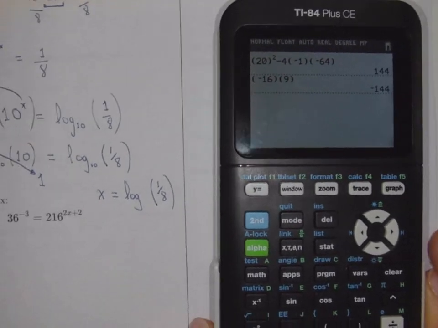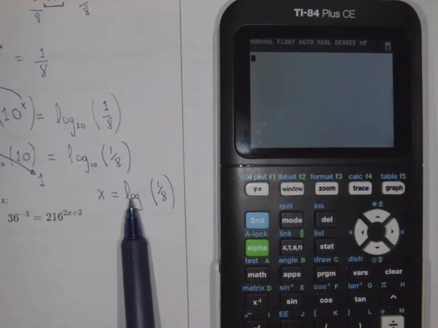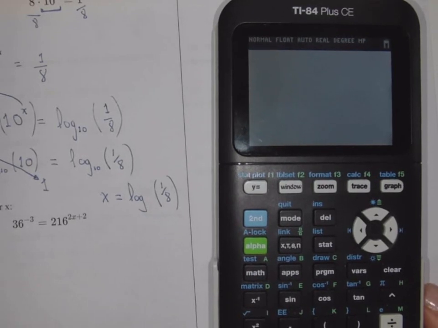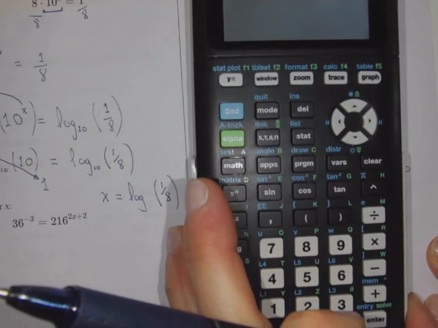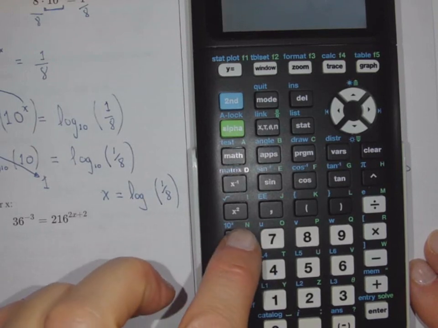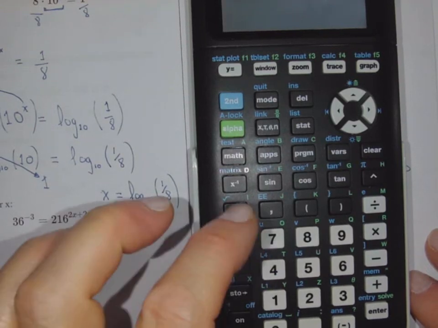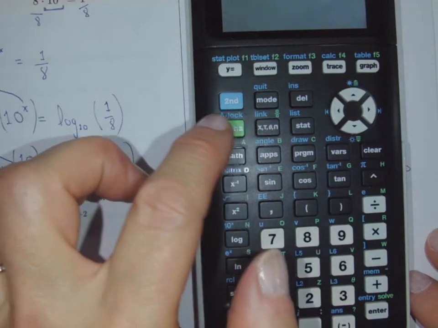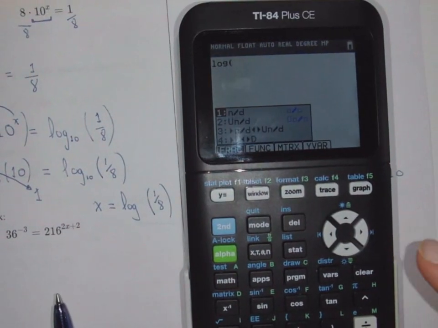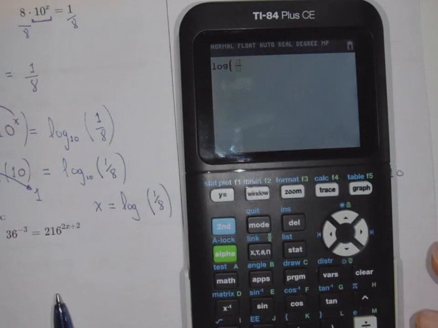Okay, so I'm going to go to my calculator, and this will be a legitimate answer, by the way. I could stop here and say this is it, right? But I have a log key on my calculator, right there. And so I'm going to say I want to find the log of 1 over 8. So if you remember, fraction is alpha y, and then the first one is your fraction, so you hit the number 1, and then put in your fraction.